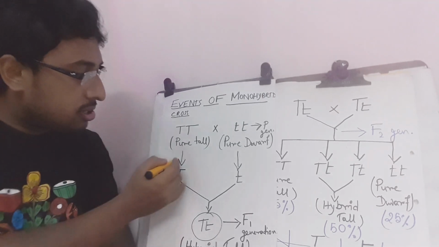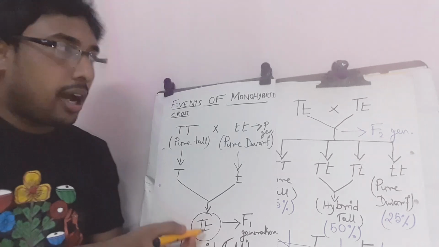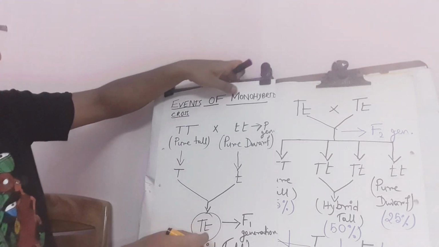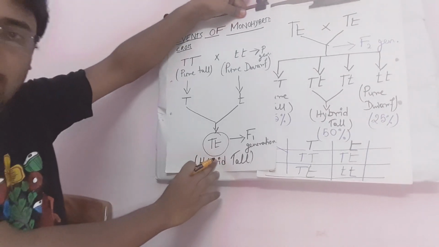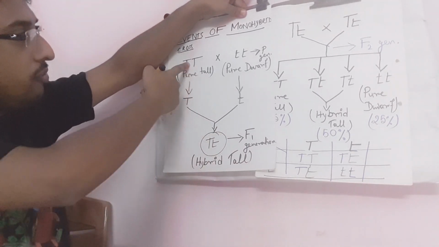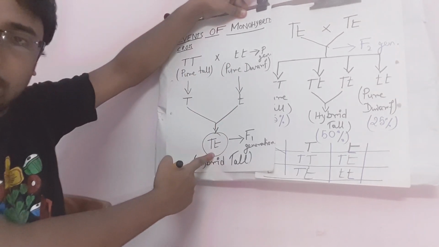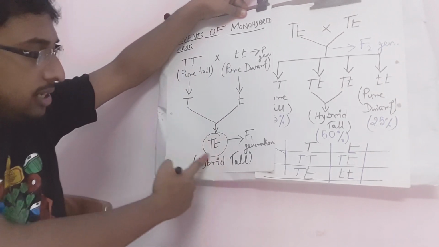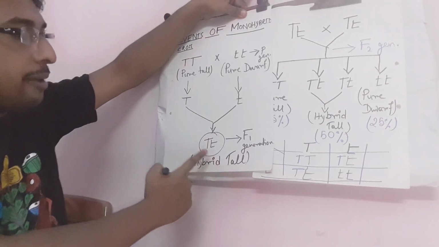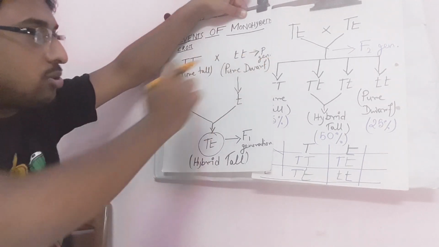When it is transmitted from the parental generation to the offspring, that is known as the F1 generation. In the F1 generation, look at the structure: capital T, small t. So 50% of the character comes from the pure tall plant and 50% from the pure dwarf plant. But if you see the plant, it will be a hybrid tall. So where is the character of the pure dwarf?